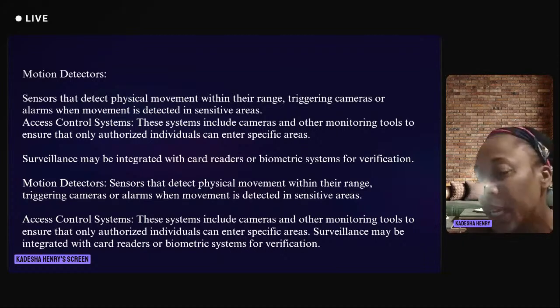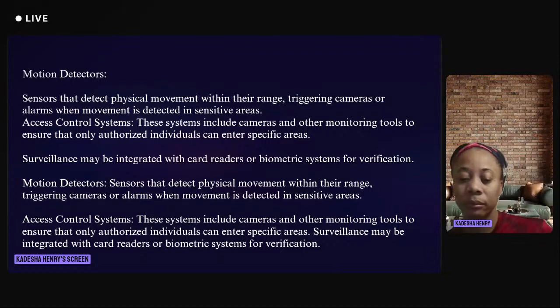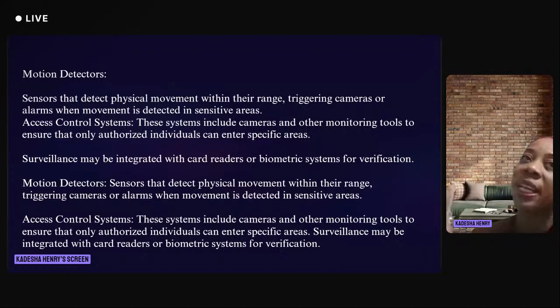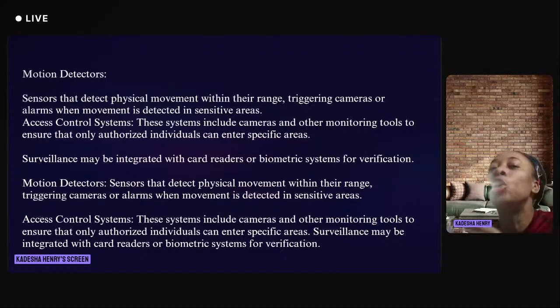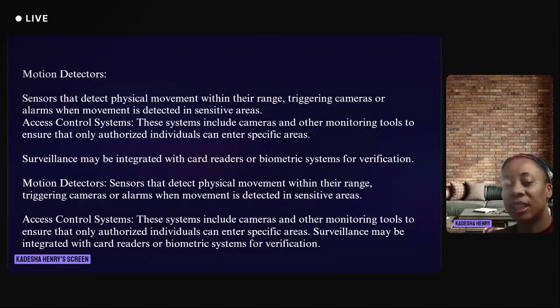There are ways that you can set up cameras if you don't have the monthly fee to pay for a camera system. There are many ways that you can set it up using your phone and other devices that you have, right? You can set up the camera system.